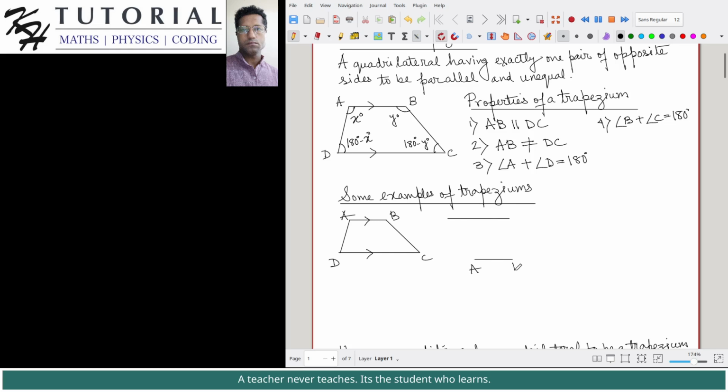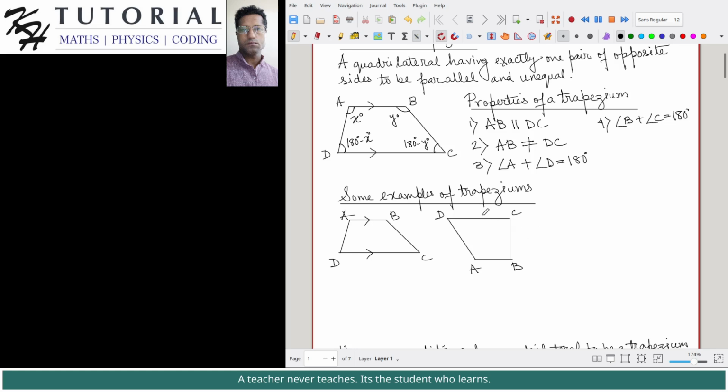AB and CD are the two opposite parallel sides, and they are of unequal length, and then we connect B and C, and we form the sides BC and AD.